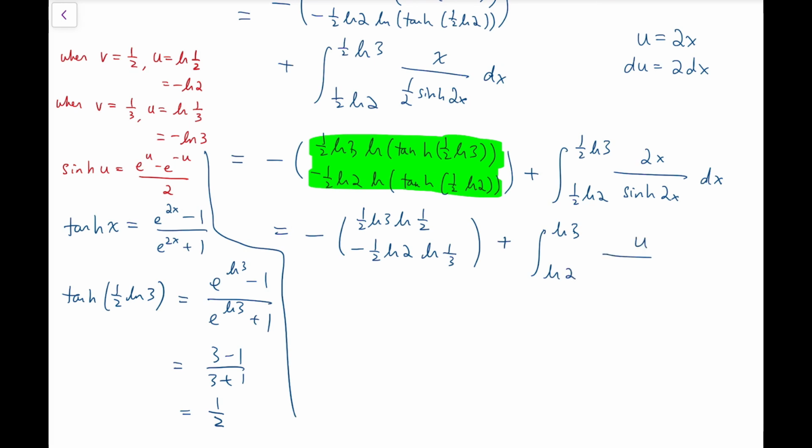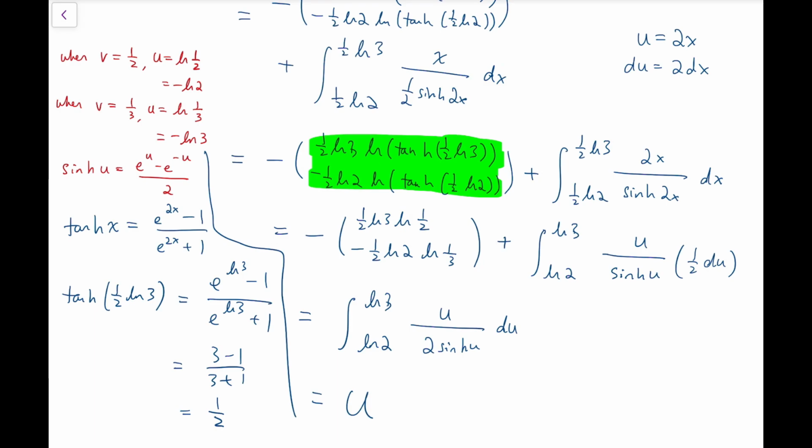And then u over sine u. And then dx is just half of du. And so for the numerical part, we have 0. You can quickly see that. And for the integral, it eventually becomes the integral that we want: u over sine u du under limits of log 3 and log 2.